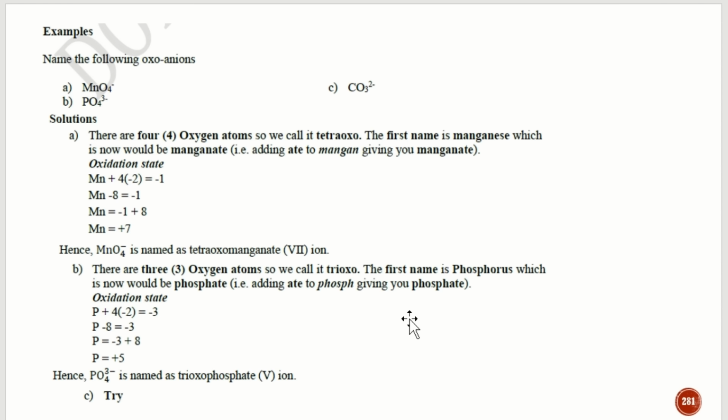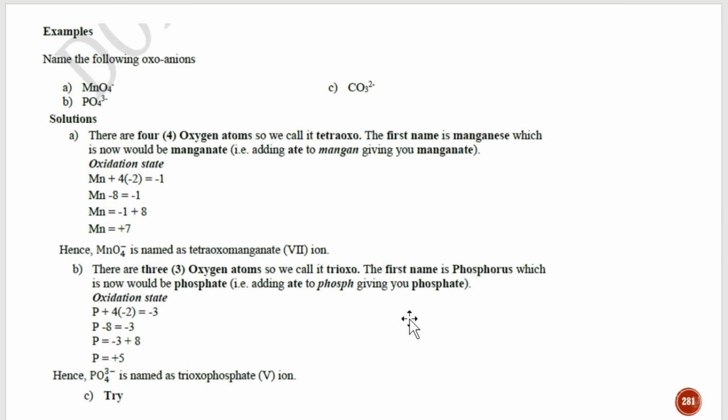Now my number of oxygen atoms is 4. So I will say tetraoxo. The next element, or the first name of the element, is manganese. So I'm going to remove some letters from manganese and it becomes manganate. Then I'll find out the oxidation state of my compound and I'll write that in capital Roman numerals and in brackets.